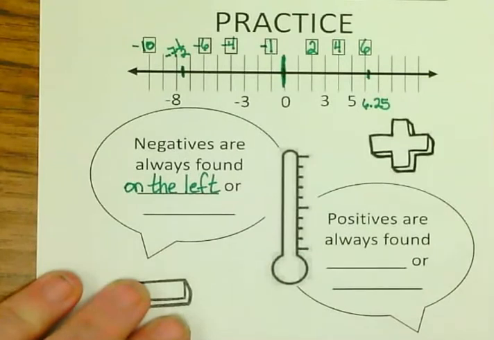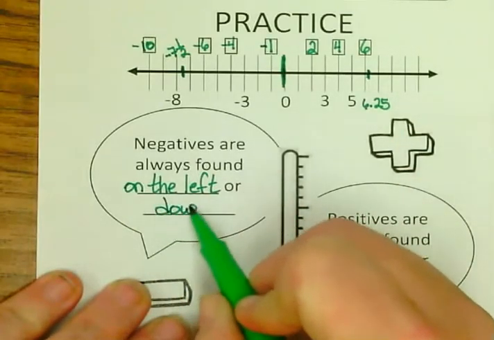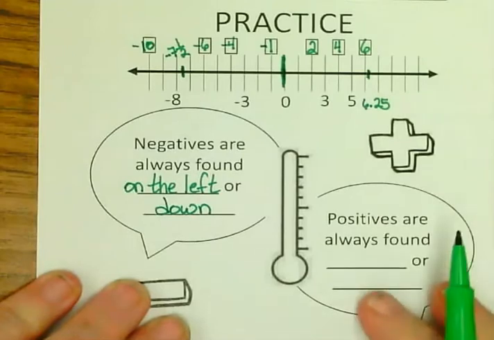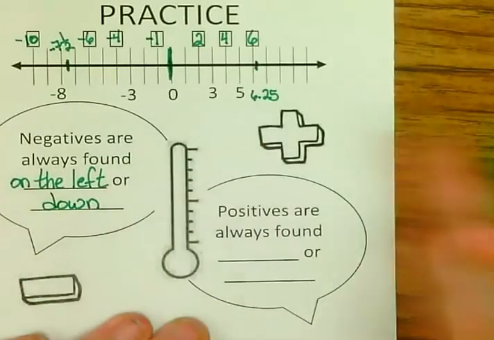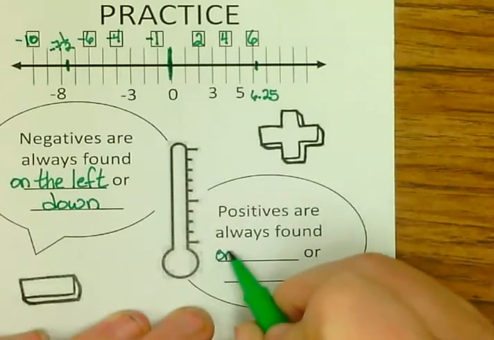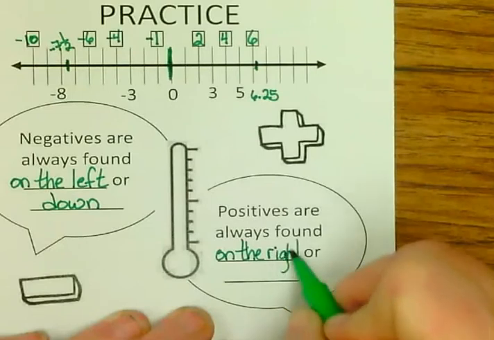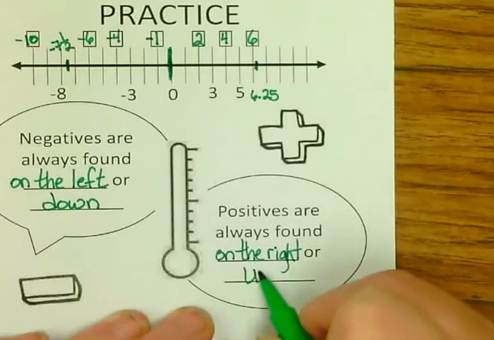Seriously, I want you to answer that. Thank you. Going down. So on the left or down, right? And since it's a mirror, it's the opposite on the other side. Positives are always found on the right or up.